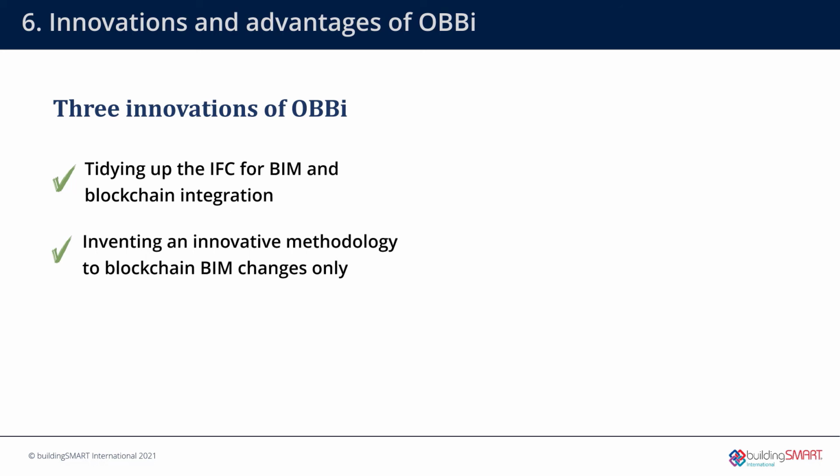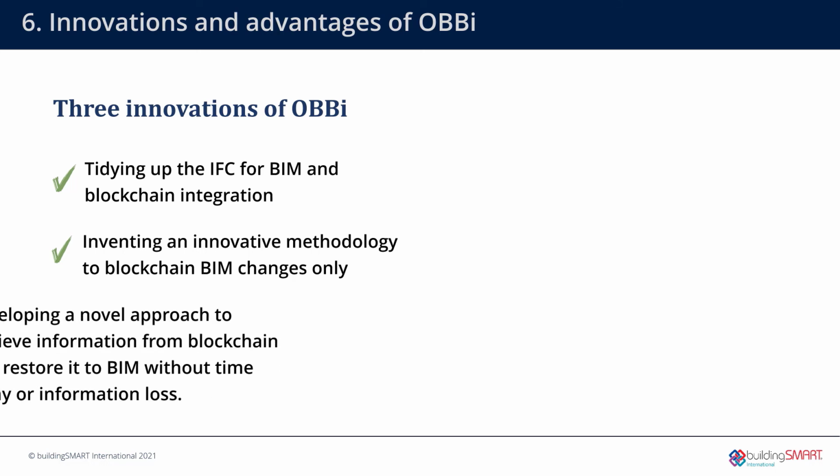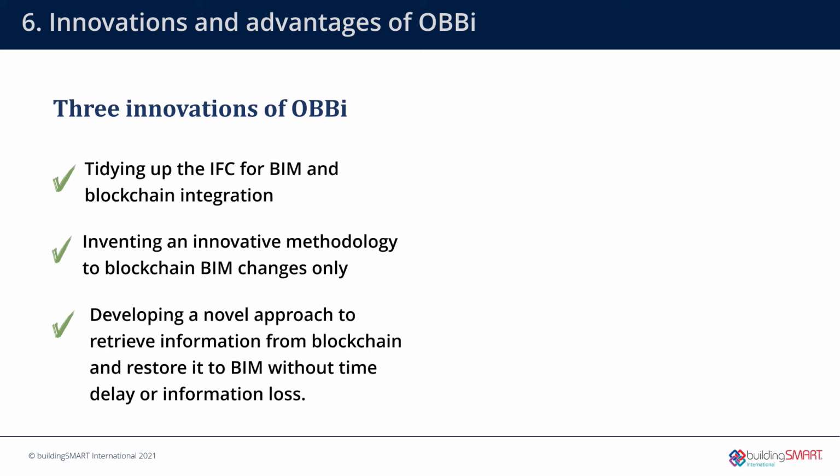We invented an innovative methodology to blockchain the changes by only calculating the semantic differences between IFC files. Most importantly, we can retrieve the information from blockchain of the semantic changes and restore the latest information to a comprehensive BIM model without time delay or information loss.